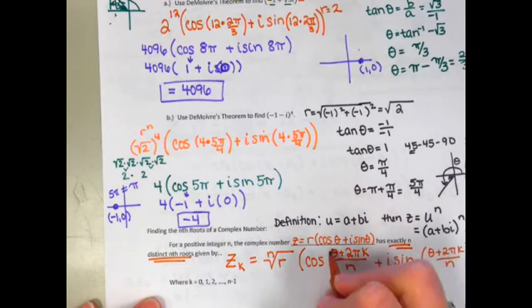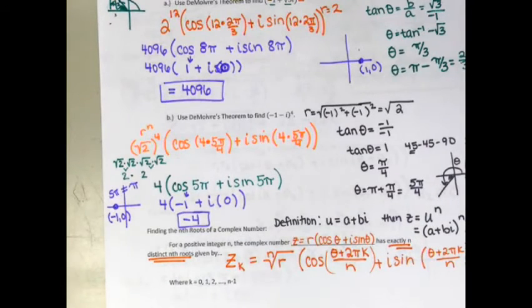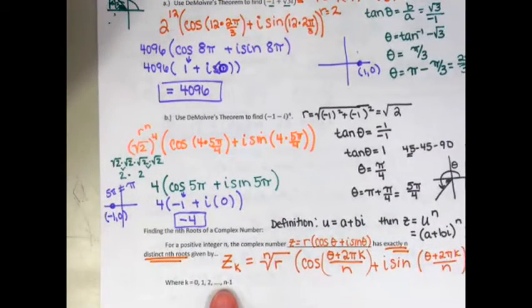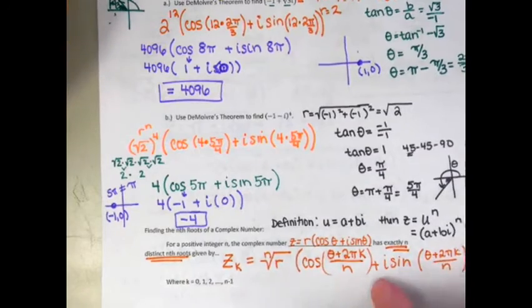Again, that sine and cosine part never changes. This is where it gets a little long for us. Where k can be 0, 1, 2, 3, 4, all the way to n minus 1.